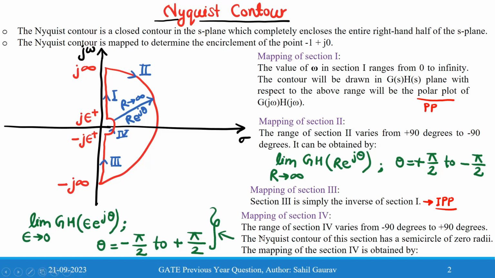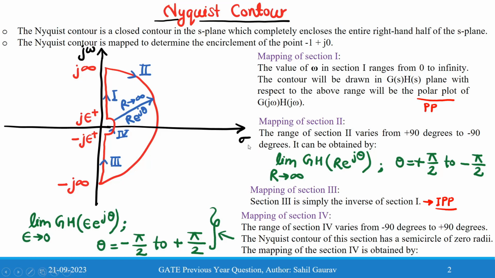So how do we map this section? We just replace s by epsilon times e to the power jθ and take the limit of epsilon tends to 0. So it's just similar to the mapping of section 2.